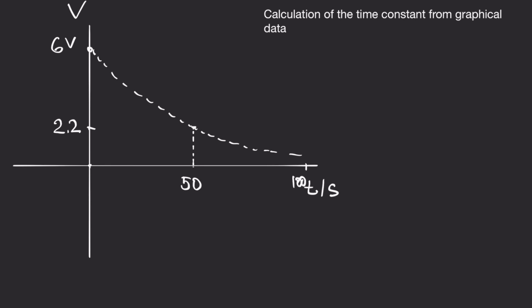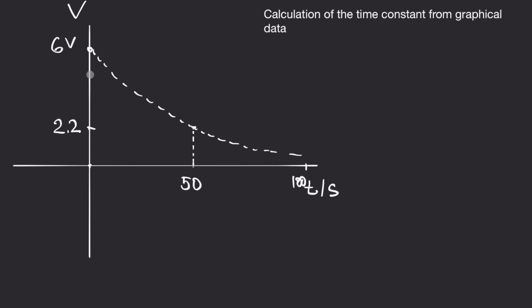We can also determine the time constant from graphical data. For instance, we might be given a graph of voltage against time. In order to work it out, we need to remember that after time is equal to the time constant, the voltage and the charge and the current decrease to 37% of their initial value.